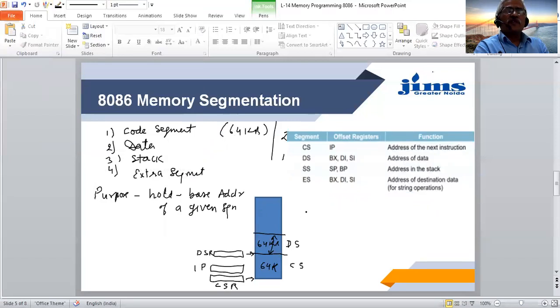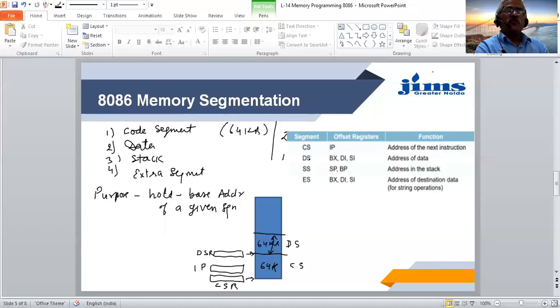As you see in the figure, the code segment whose base address is stored in the code segment register has its offset stored into the IP. These two registers together will generate the actual or physical address of any instruction within this code segment.